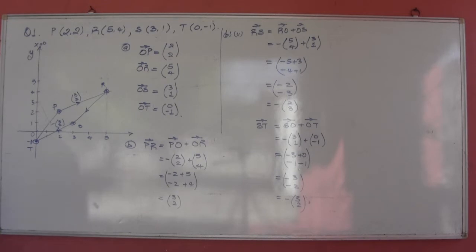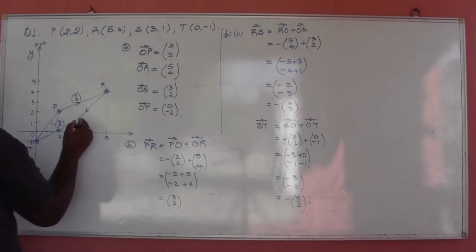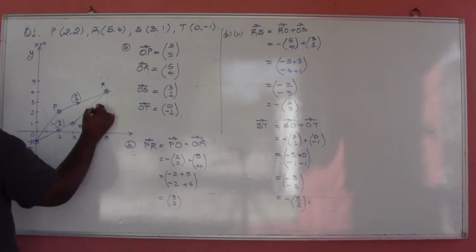The next thing we need to do is show by a vector method that the figure PRST is a parallelogram and that the parallelogram is a rhombus. We found RS, which is minus 2, 3.